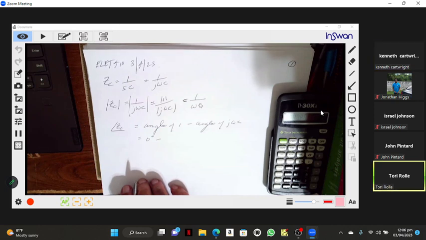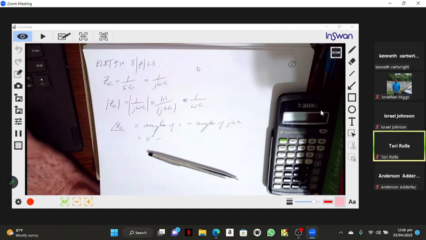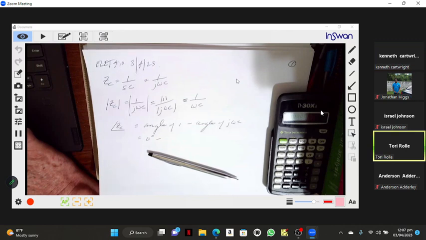What's the angle of j omega C? It's tan inverse of... would it be inverse tan omega C of omega C?